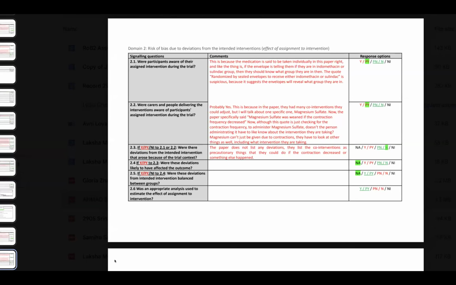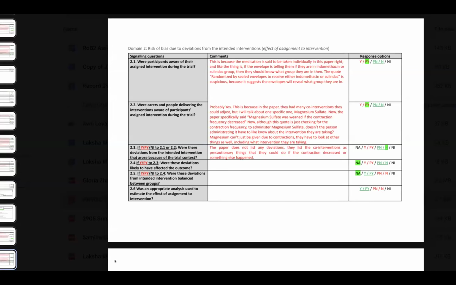Do you guys agree with this comment? I think a little bit, but for the randomized by sealed envelopes, I think he's reaching a little bit, because I don't think it says whether the participants received the envelopes. I don't think it explicitly says, right? Yeah, that's a good point. I would assume, but again, that's what gets us in trouble, is assuming. But let's just say the participants received it.